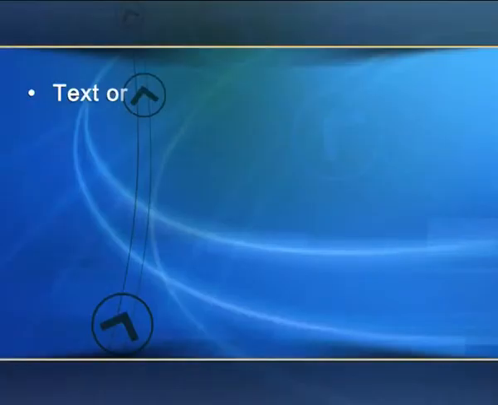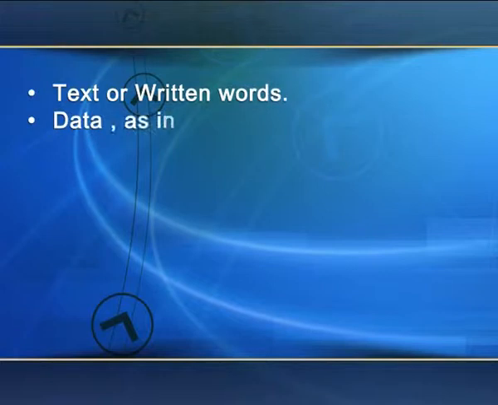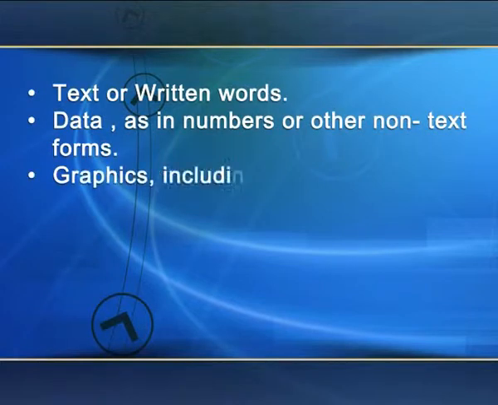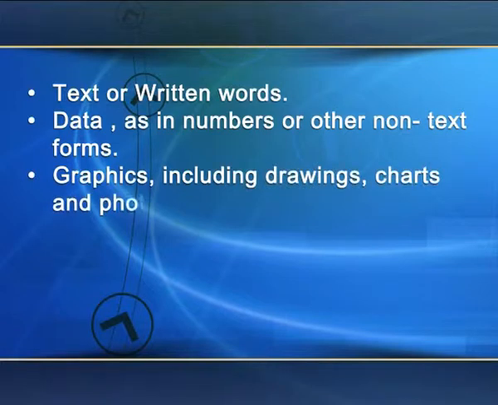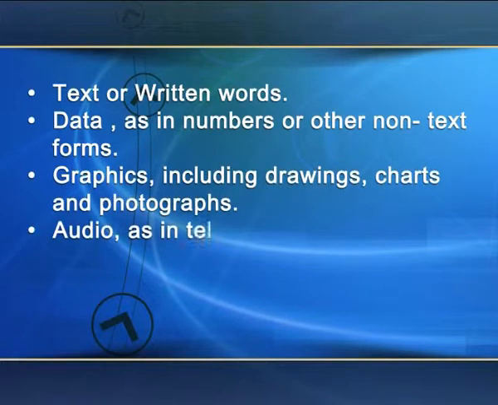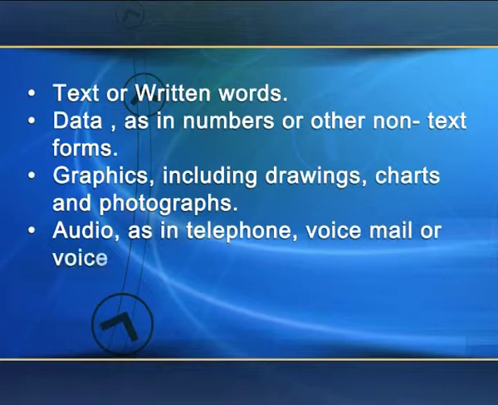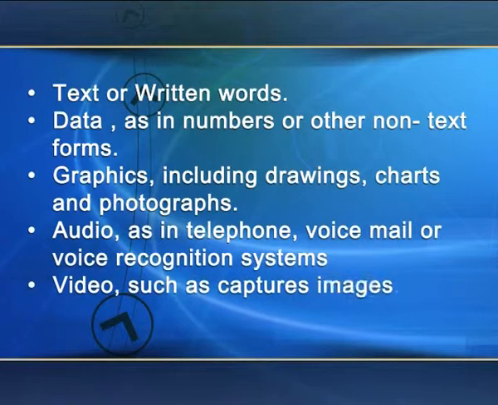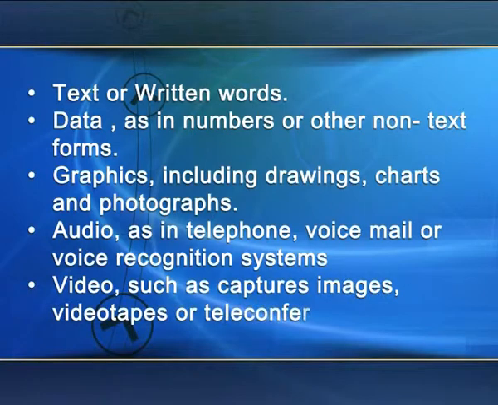There are 5 primary technologies used in managing information in office automation: the text or written word, data as in numbers or other non-text forms, graphics including drawings, charts and photographs, audio as in telephone, voicemail or voice recognition systems, video such as captured images, videotapes or teleconferencing.